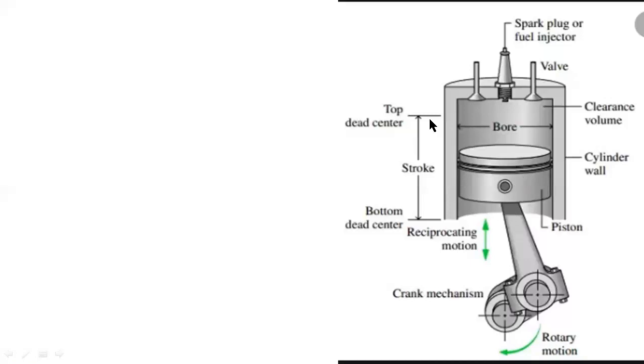Here the piston moves from this point to this point. You can observe the piston moves from here to here. So the length from top dead center to bottom dead center is called stroke length.